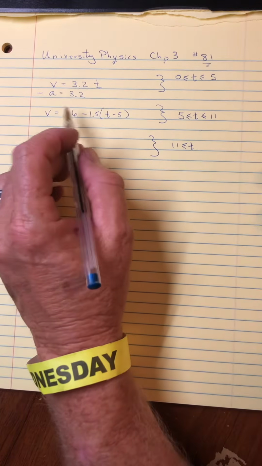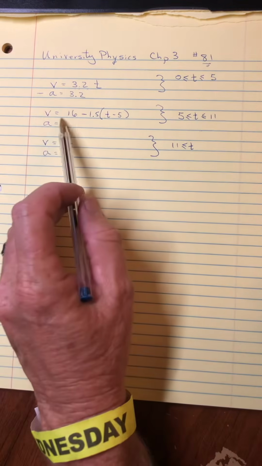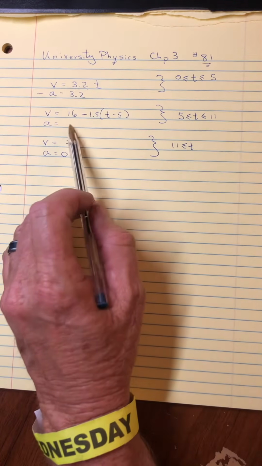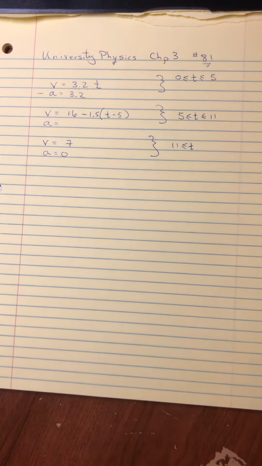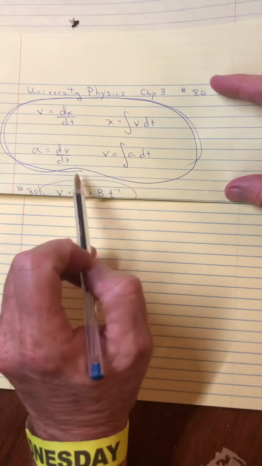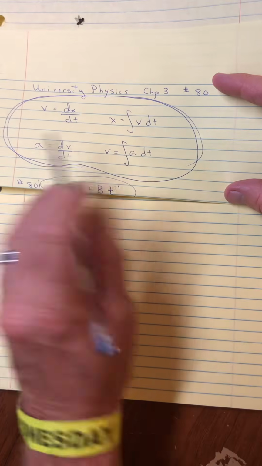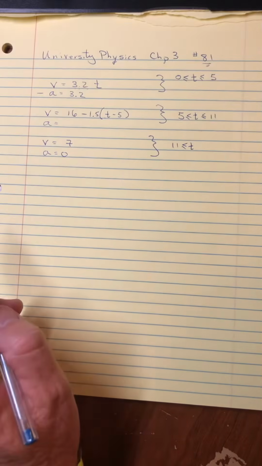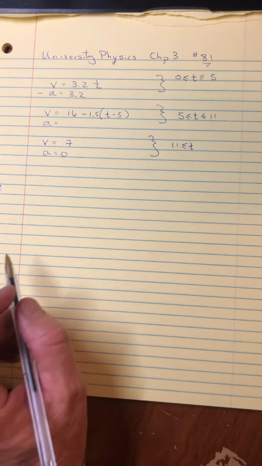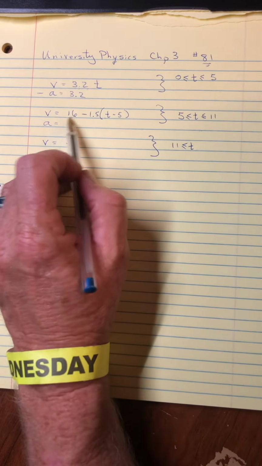This one is a little harder, but it is a constant acceleration. You can see it by taking the derivative. In fact, where was my little sheet I was using for problem number 80? I said, okay, remember this is how you connect, and I'm doing this right here. I'm taking the derivative of velocity to get acceleration. Okay? And I'm going to take that derivative. The derivative of a constant is 0, so that one goes away.